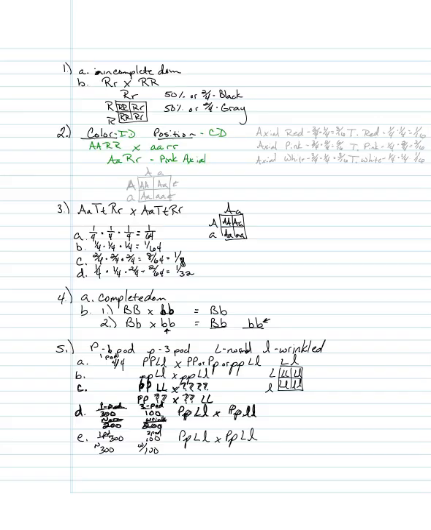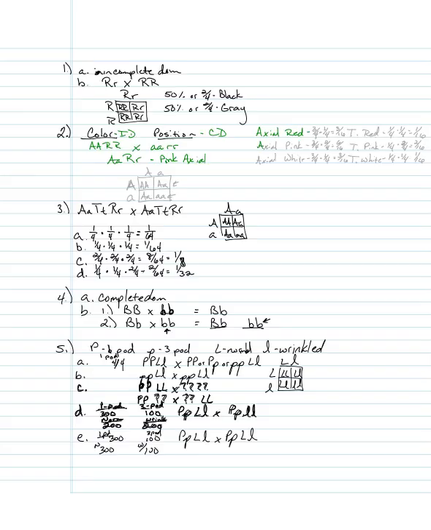Now it says what will be the ratio for the F2 generation. Now we can't just do the 9:3:3:1 for this one because we have incomplete dominance. If we had complete dominance, we could just automatically predict it. So we think about what all of our options are. We can be axial and red, and we're going to figure out that proportion.